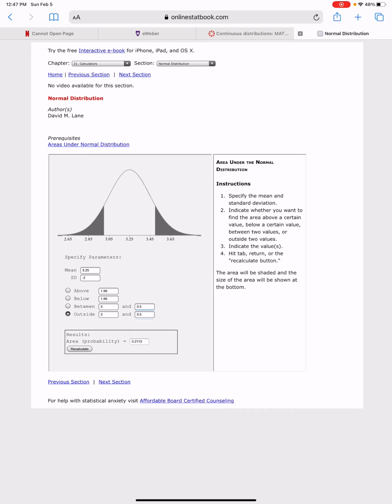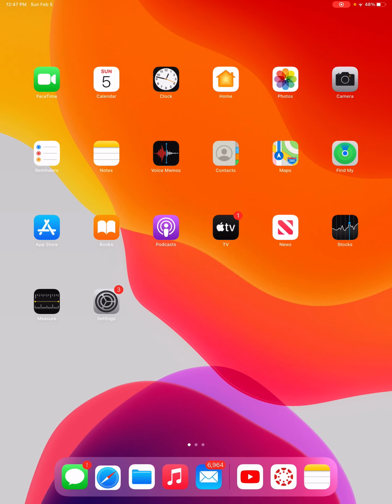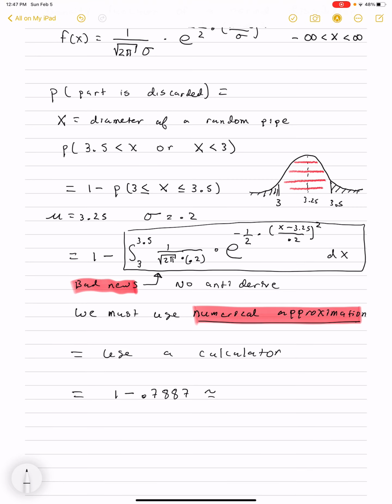And it gives me 0.2113. This is the probability a part is discarded at this company. It's not a very efficient company. So that was an example of calculations of probability with the normal distribution. Thank you very much.